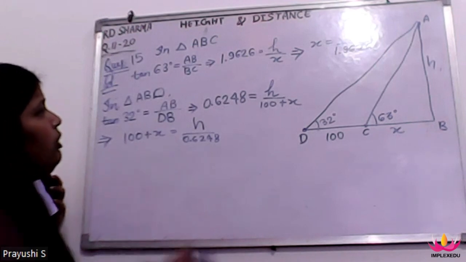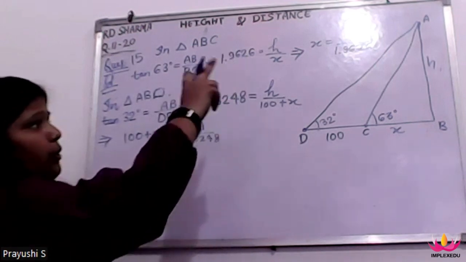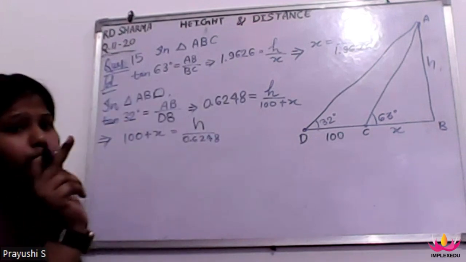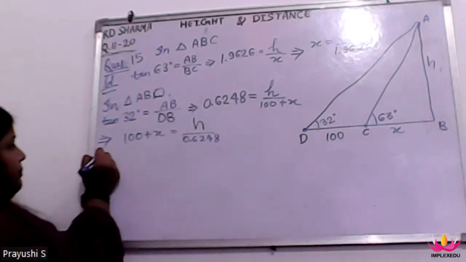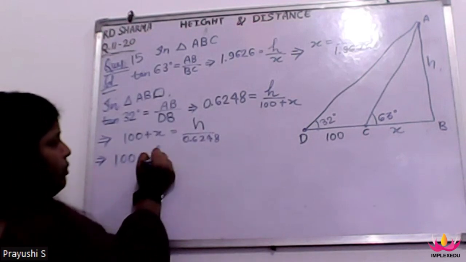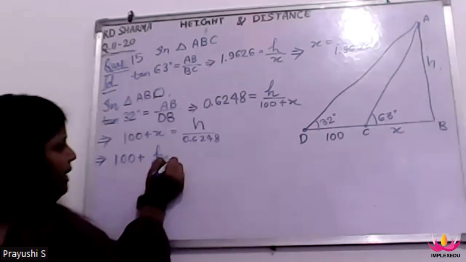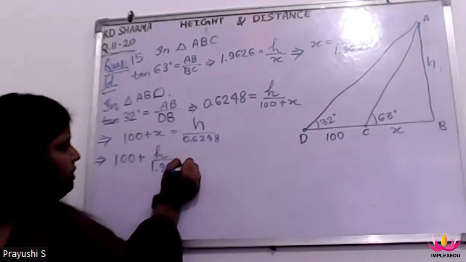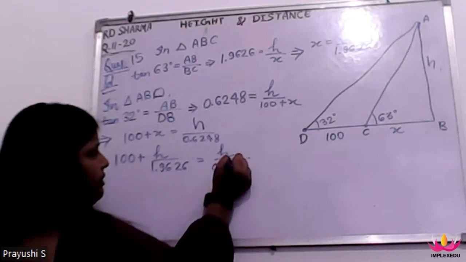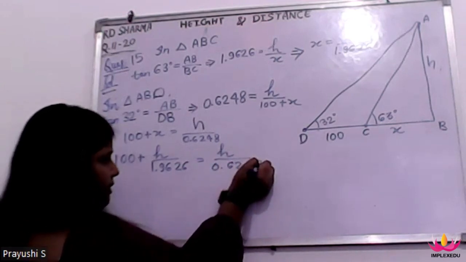So what we will do? We will write down the value of X is equal to H upon 1.9626. So we will put here 100 plus H upon 1.9626 is equal to H upon 0.6248.